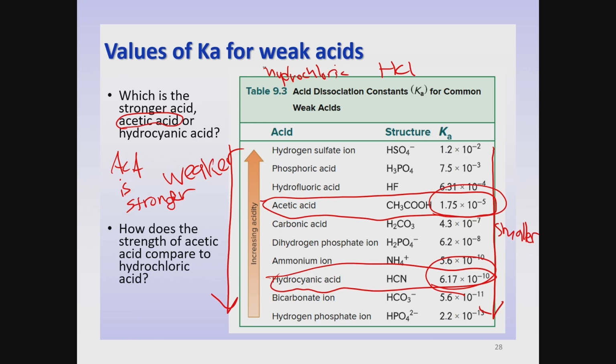And when you have strong acids, you can have Ka values that are positive exponent. And in fact, the Ka value for hydrochloric acid is 1.0 times 10 to the positive 7. So if you have a positive exponent for a Ka value, that means it is a strong acid. If it's a negative exponent for a Ka value, it's a weak acid. And the larger number of the negative exponent, the weaker the acid it is.